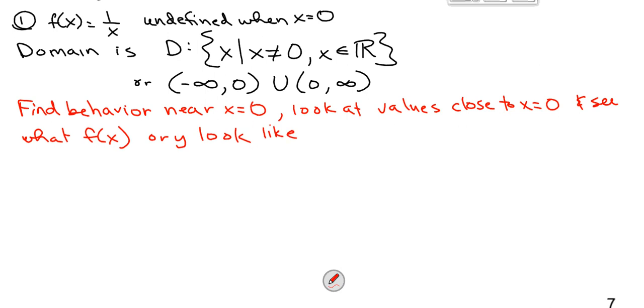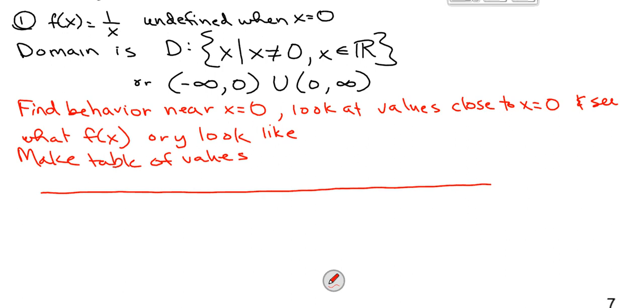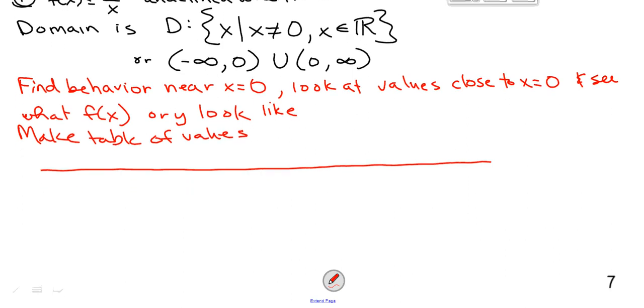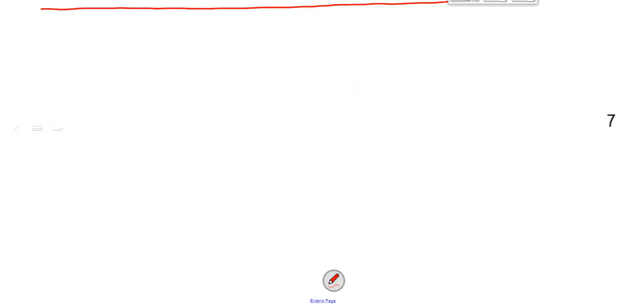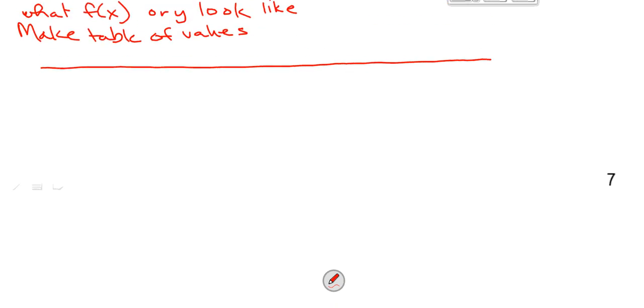So we're going to make a table of values. We want to look at when x values get close to 0. I'm not going to do something that I can just find an easy numerical table of values for, but certainly I can use that table feature to find some of these values.